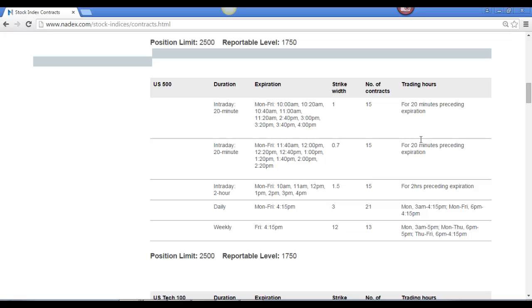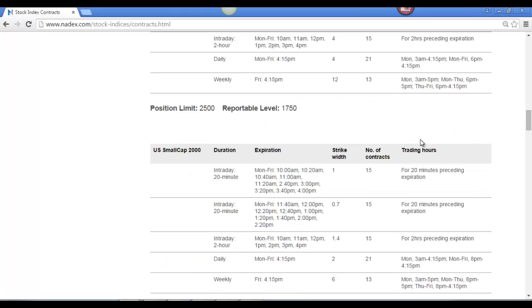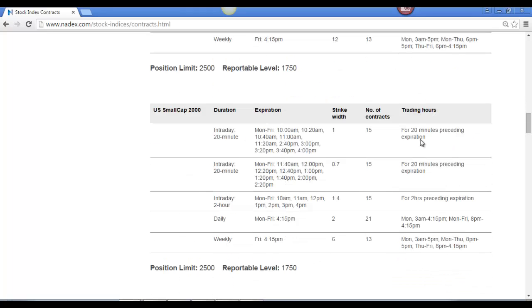The strikes are one tick apart, but from 11:40 to 2:20, they're only 0.7 apart. Okay, or for example, on the Russell, they're one tick apart, but during lunchtime they're 0.7. So since the market doesn't move as much, the strikes get closer. Okay, which means the market does not have to move as far to get to your strike and to potentially get some profit. Okay, does that make sense, Martin?